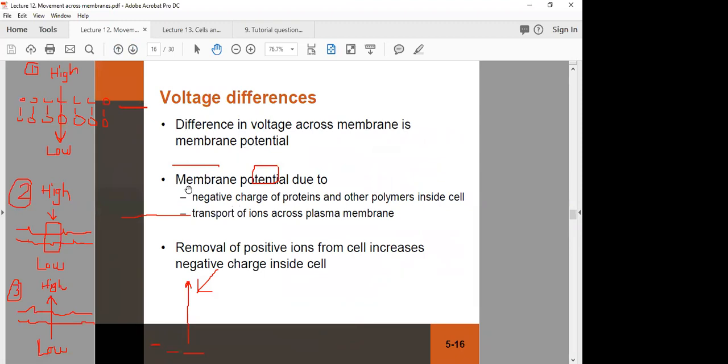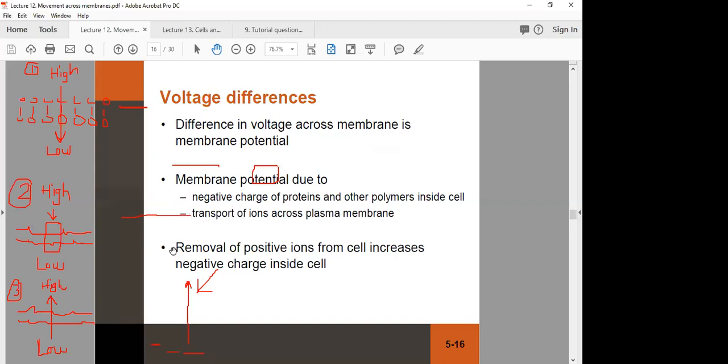The membrane potential is due to the negative charge of certain proteins and other polymers that are inside the cell, and also the transport of ions across the plasma membrane contributes to maintenance of that slight negative charge, somewhere in the order of about negative 50 millivolts, but that also depends on the compartment within the cell.